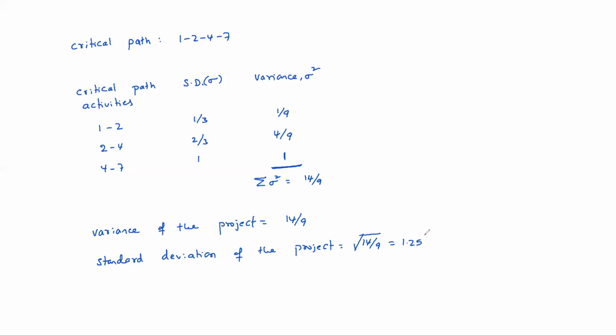That is the standard deviation of the project. So like this, the expected time, standard deviation, and variance of the project can be worked out. For the project, meaning the critical path activities, we add the variances to get the variance of the project. Then the standard deviation of the project is simply the square root of that.